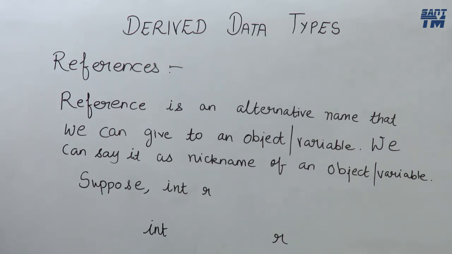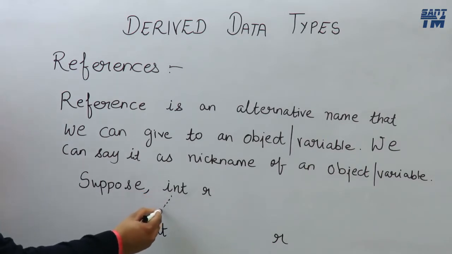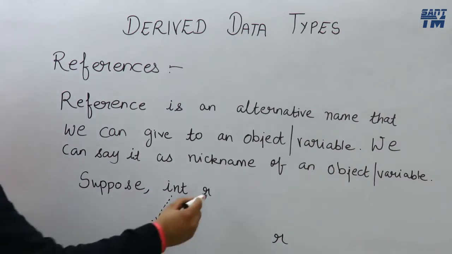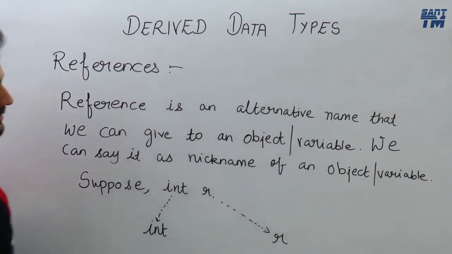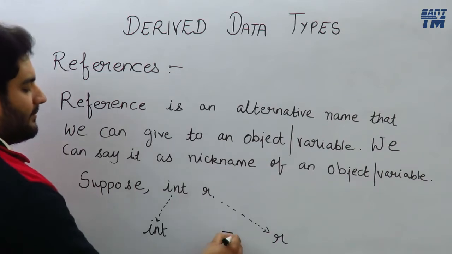Now I have to declare a reference for this variable r. Then how will I write? I will copy this data type directly as it is here, and this old name as it is here. In between the two, I will put the assignment operator.